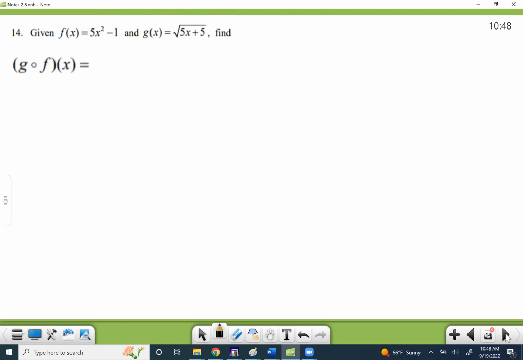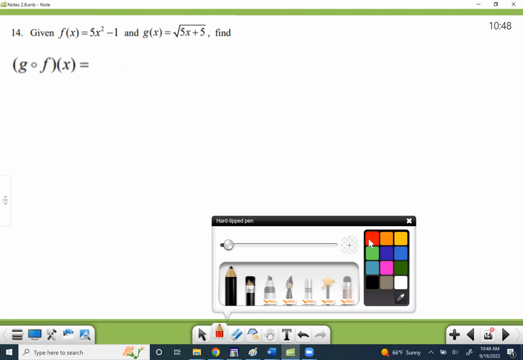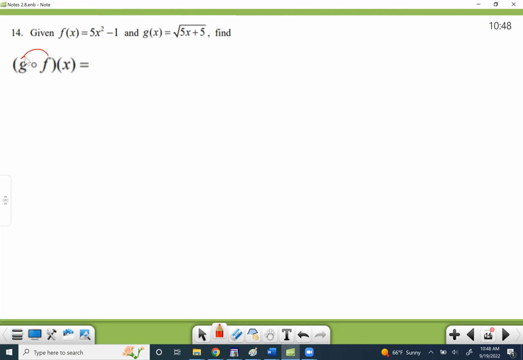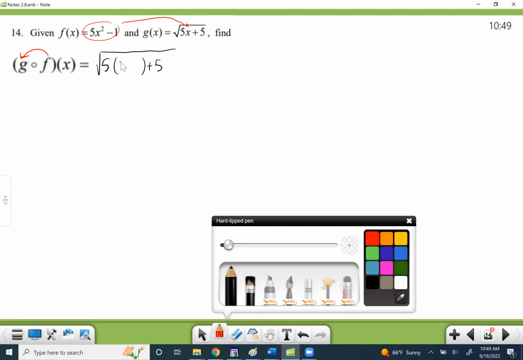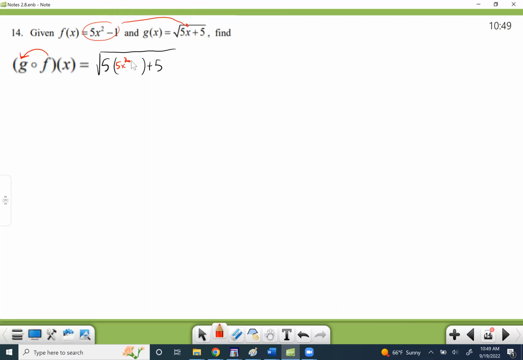Okay, it's probably going to ask us the other way. Yes. So now F is going to get substituted in to G. So we're going to take F, and we're going to plug it in right there. So I'm going to write down G, the square root of 5 times something plus 5. Okay, 5x plus 5. And we're going to substitute in 5x squared, take away 1 there.